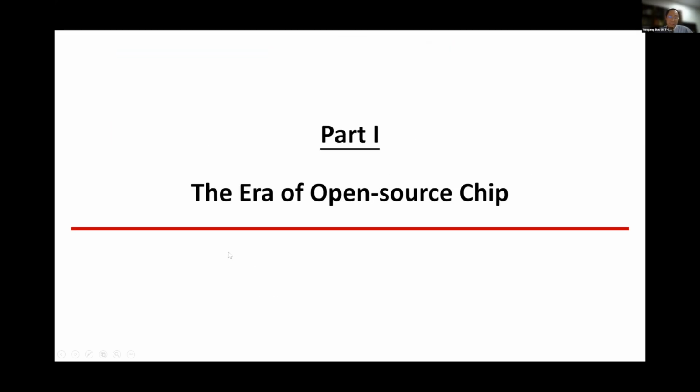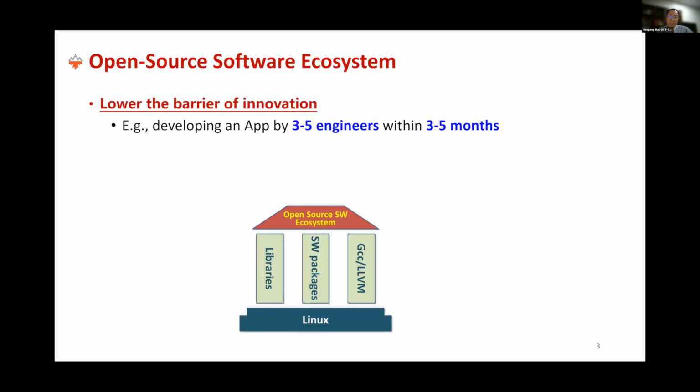First, I'd like to advocate that we are entering the era of open source chip. This is inspired by the open source software ecosystem, which has been developed for 4 decades. With the support of open source software, we can lower the barrier of innovation.